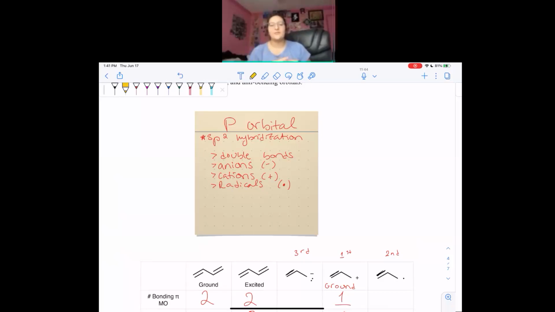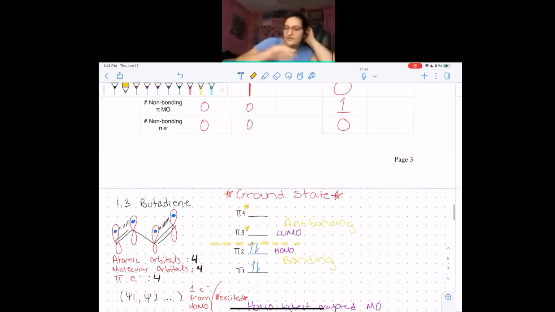Every double bond has 1 electron that's going to count per orbital, every anion has 2, every radical has 1, and a cation has 0. So the same rules apply. But I'm glad you asked that because there were probably other people who were also confused. So we're just going to scroll back down.